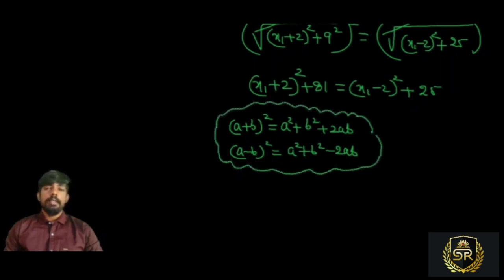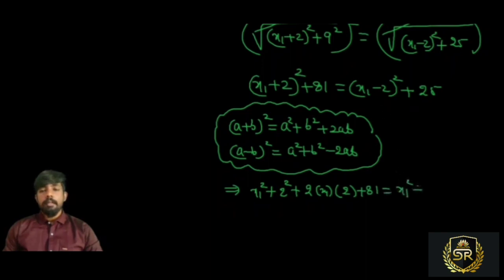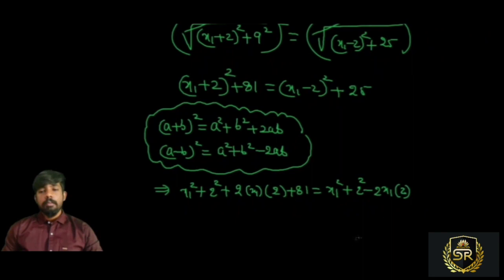Just follow the formula. So x1 square plus 2 square plus 2 times x1 times 2, plus 81, equals x1 square plus 2 square minus 2 times x1 times 2, plus 25.